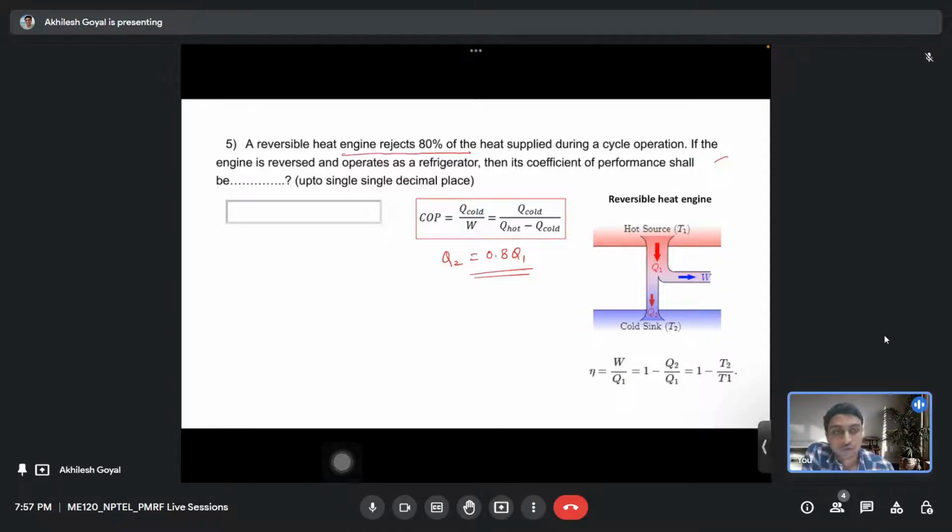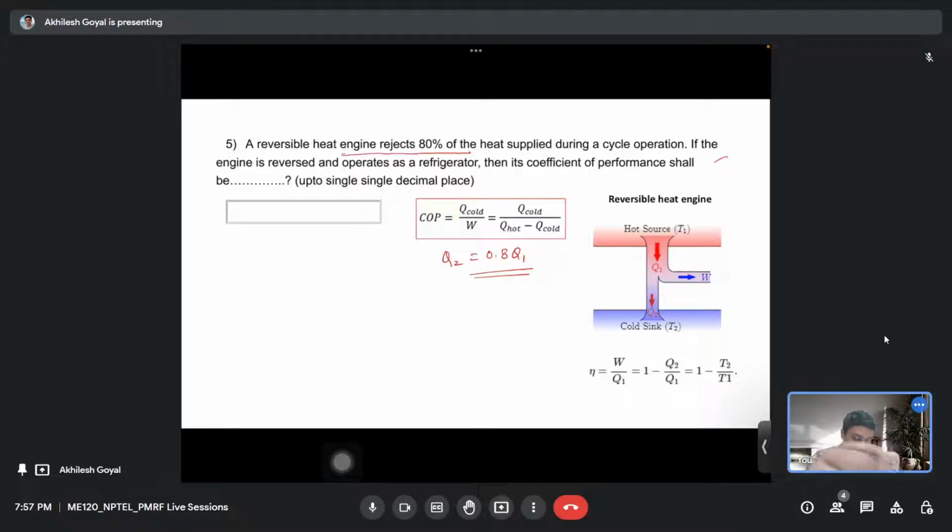The cold sink is at the lower temperature, from where the heat is taken and rejected to the hot source. That's how a refrigerator works.